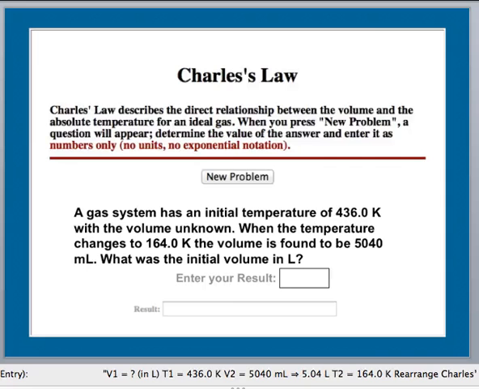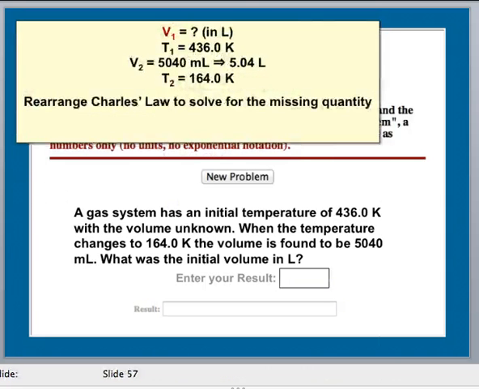Line up your knowns and unknowns. Our volume here was 5,040 milliliters. Remember, there are 1,000 milliliters in every liter. So this is the same as 5.04 liters. There's our initial temperature and our final.